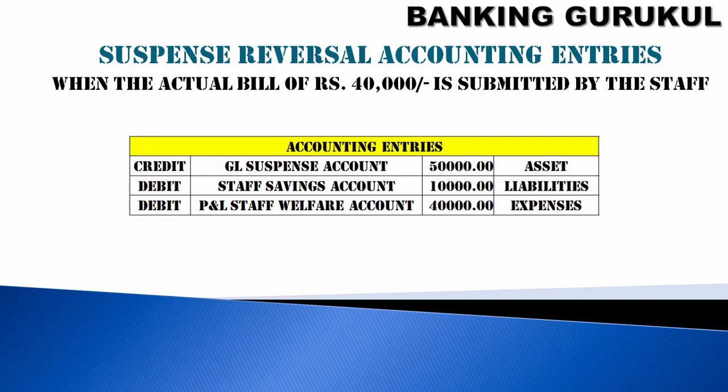In case you receive less: you debited the suspense account and gave 50,000 to the staff, but the final bill was sanctioned for 40,000. Now 40,000 will be debited to expenses, 10,000 will be taken from the staff account, and 50,000 will be credited to the suspense account.